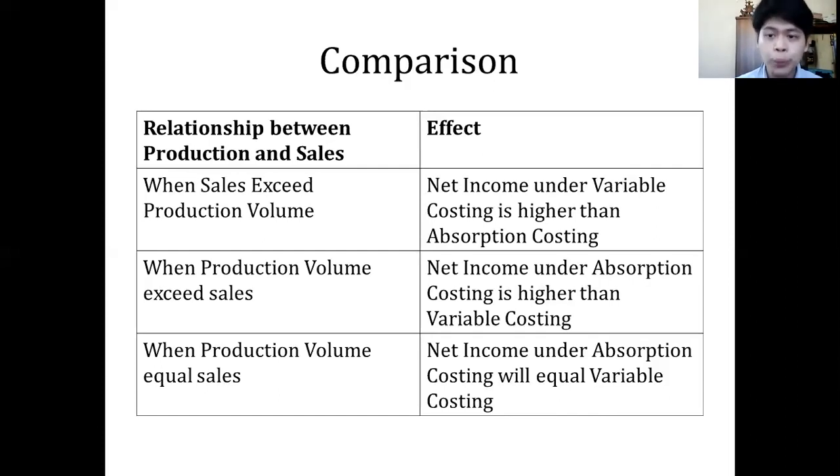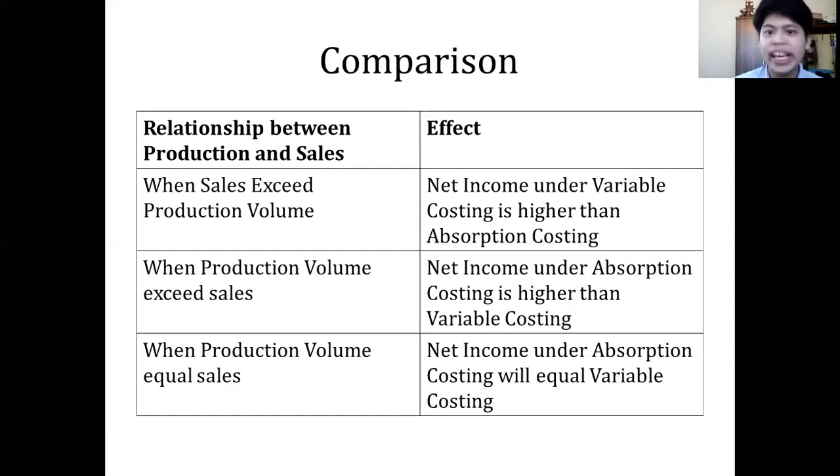If we assume that the cost of inventory includes the allocated fixed factory overhead, then under absorption costing, some of the fixed factory overhead allocated will go to our ending inventory. So that's why our net income is higher for absorption in comparison with variable costing.